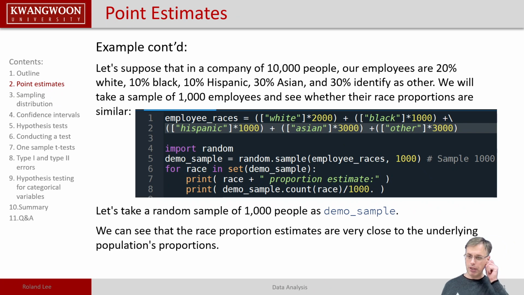Now, let's suppose that in the company of 10,000 people, our employees are 20% white, 10% black, 10% Hispanic, 30% Asian, and 30% identify as others. We will take a sample of 1,000 employees and see whether the race proportions are similar.